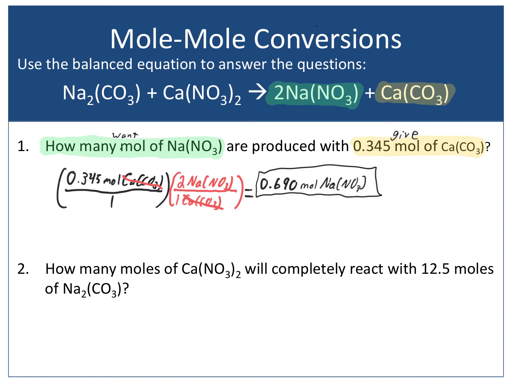Next one, how many moles of Ca(NO3)2, calcium nitrate, will completely react with 12.5 moles of sodium carbonate, Na2CO3. All right, so in this one, I'm starting with 12.5 moles of Na2CO3 over 1.